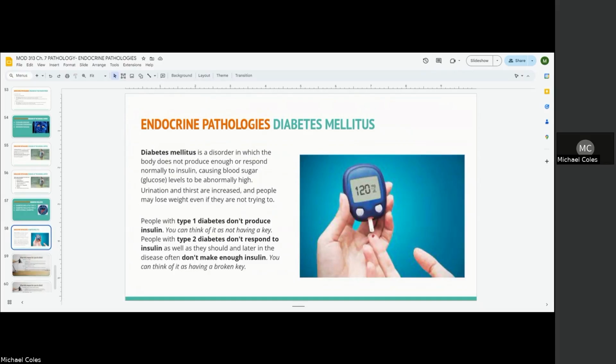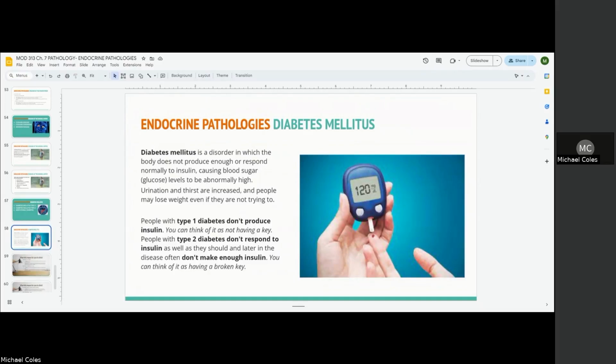So people with type 1 diabetes, their pancreas is not working properly, and they don't produce enough insulin. Sometimes this happens at birth. Sometimes this happens at puberty, right? So this can be a defect or an underproduction of the pancreas.